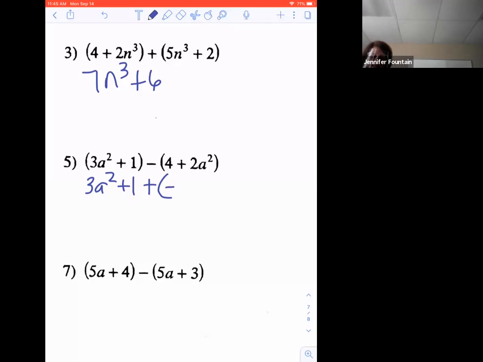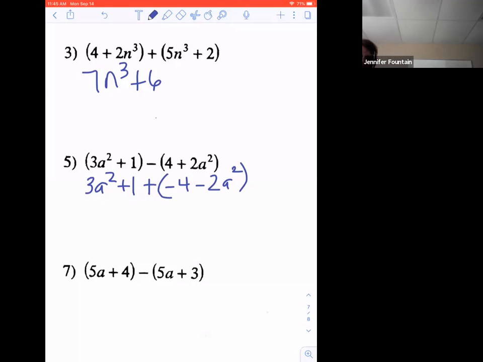So 4 becomes -4, and plus 2a squared becomes minus 2a squared. Because I changed from subtraction to addition, I have to take the opposite of every term in parentheses. So 4 was positive, it becomes negative. 2a squared was positive, so it becomes negative.